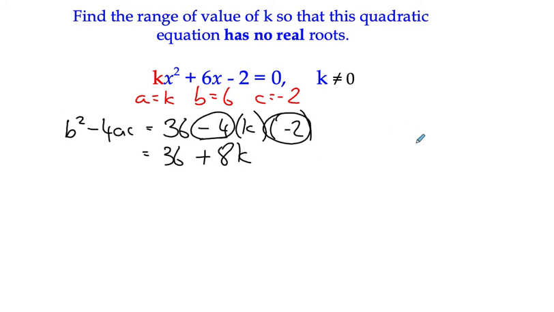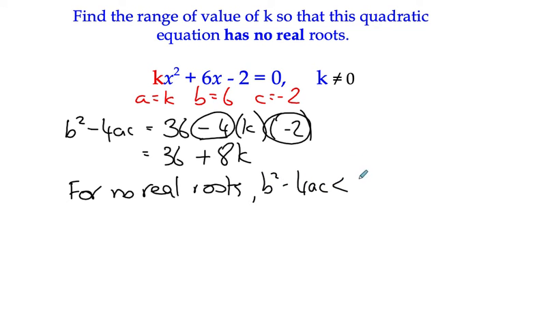36 plus 8k. Now, the nature here is that there are no real roots, and we know, according to our big table of everything that we started the lesson with, that for no real roots, b squared minus 4ac is less than 0.